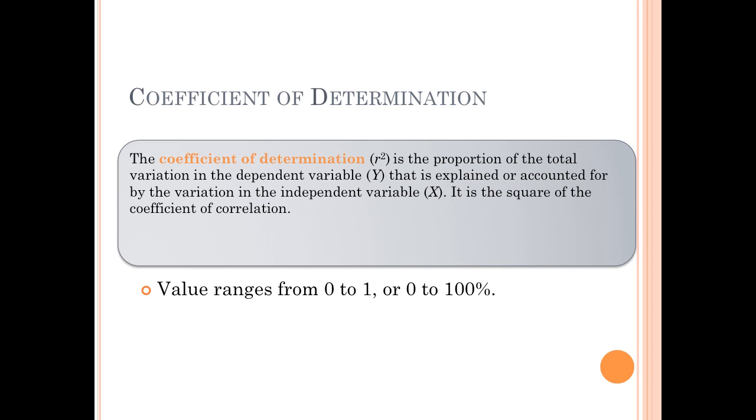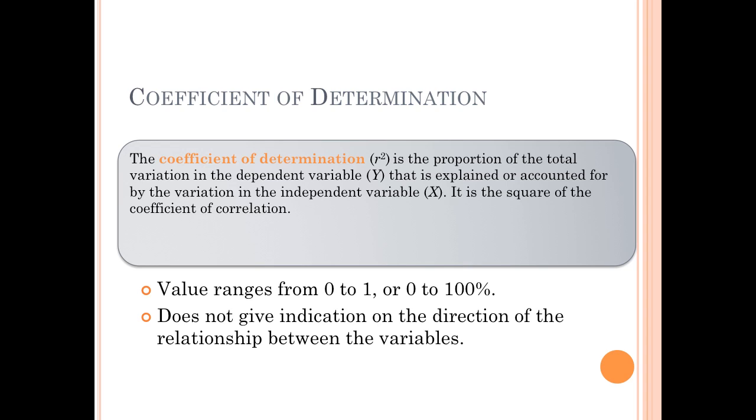These values range from 0 to 1, or 0 to 100% of the variation in Y is accounted for by whatever x is. And it doesn't give you a direction of the relationship like a regular correlation does, because there's no negative ones.